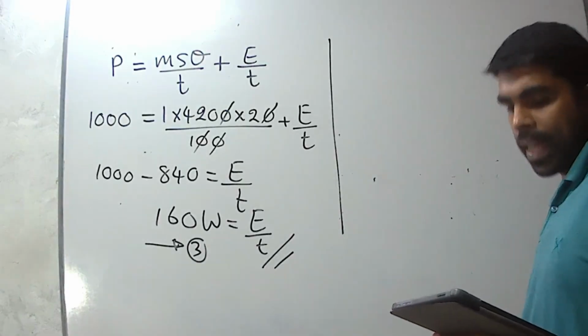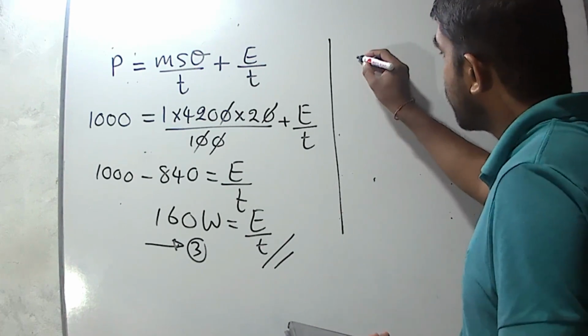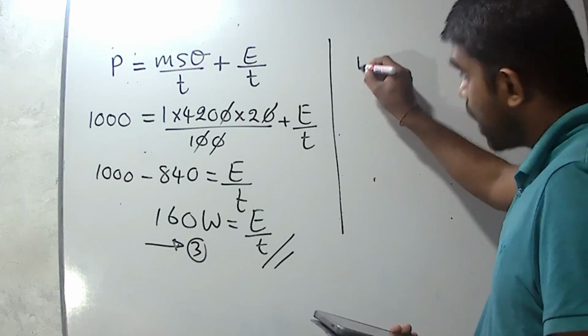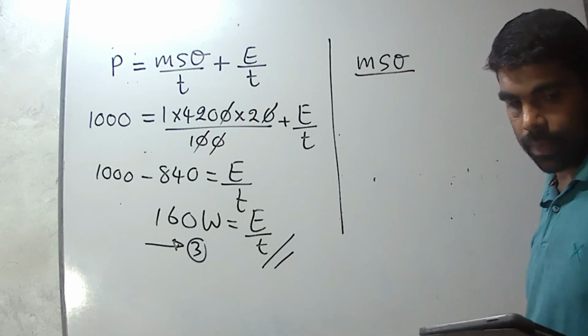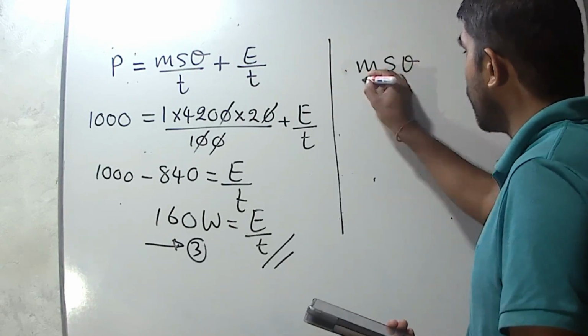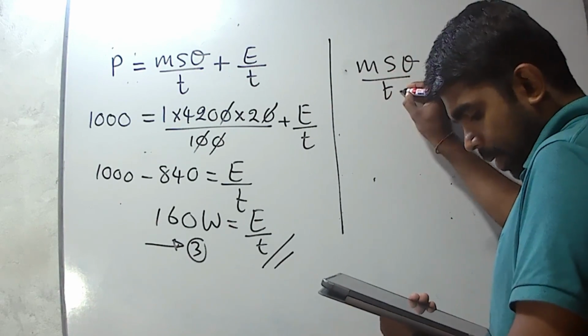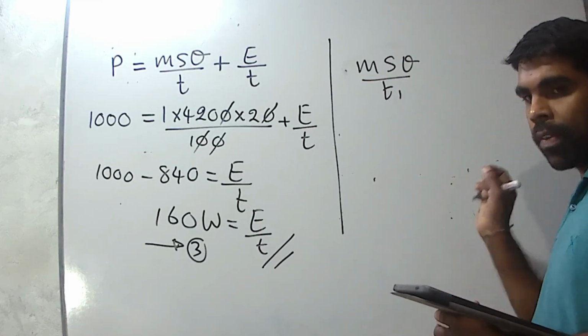The rate of heat energy given to the ice is m s theta over T1. I have considered the 0 to T1 time period.